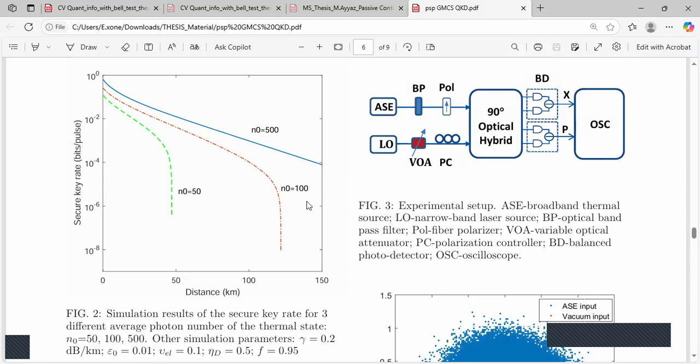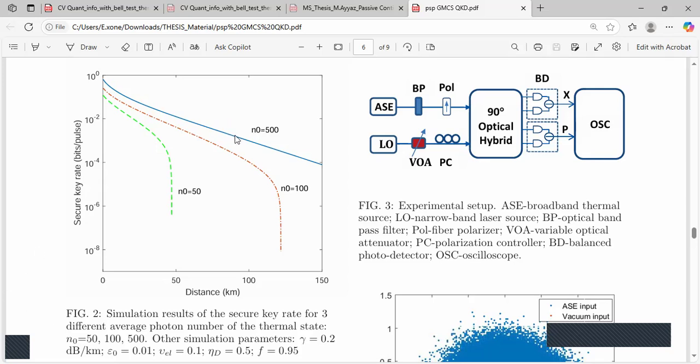The transmission distance is the distance over which we have a positive secret key rate, meaning we have mutual information more than Eve's higher bound information, so we can guarantee that our secret key distribution protocol is safe. For an average photon number of 100, we have a transmission distance of about 120, and for 500 photon number we have a transmission distance above 150.